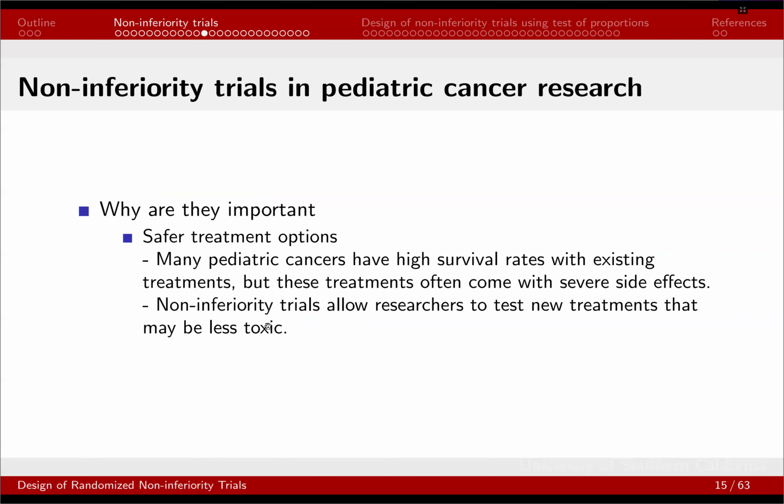Non-inferiority trials are also very important in pediatric cancer research. Many pediatric cancers have high survival rates with existing treatments, but these treatments often come with severe side effects. Even with modern treatments, there are kids diagnosed with cancer who died of treatment.